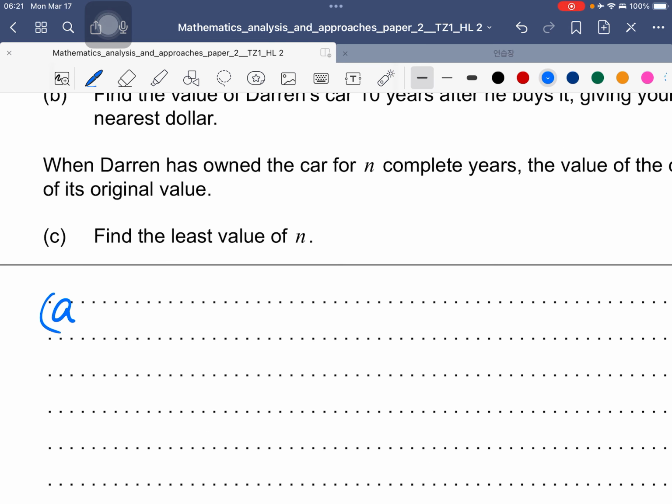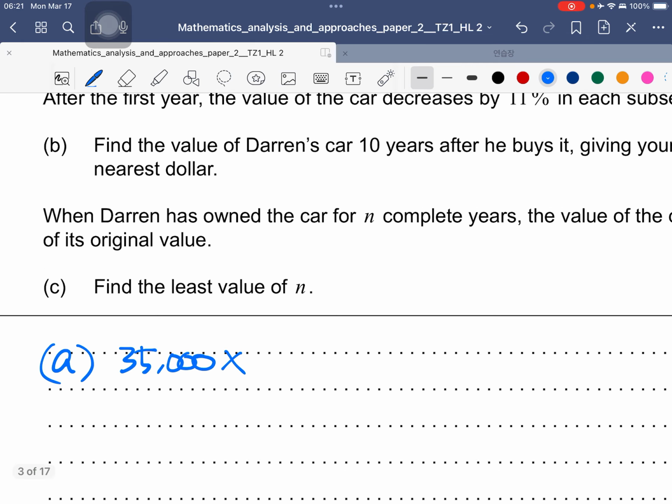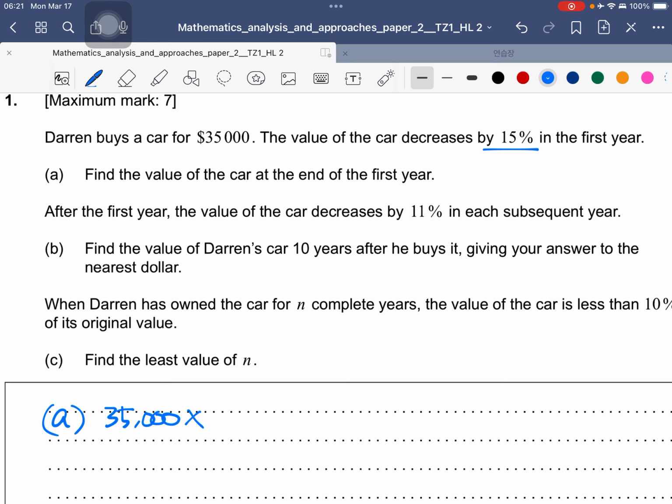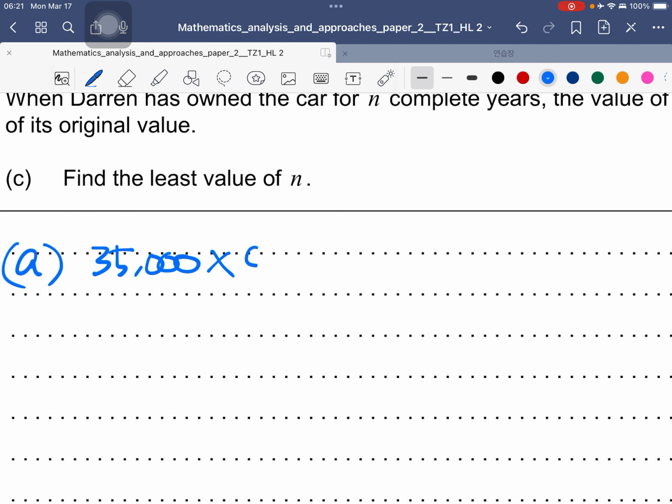So Darren buys a car initially at $35,000. And then at the end of the first year, the value decreases by 15%, right? So it's going to be 0.85.